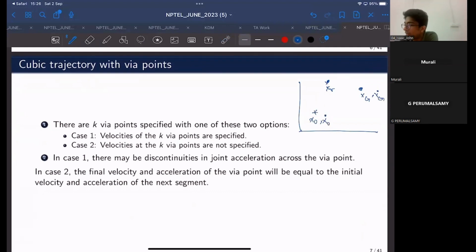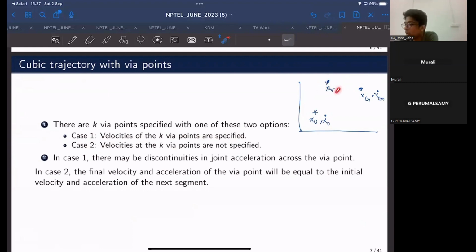But in case of via points in between, there are two approaches. In one case, the velocities of the via points are specified. In another case, the velocities of the via points are not specified. In either case, we only have the location of the via point as a guarantee.